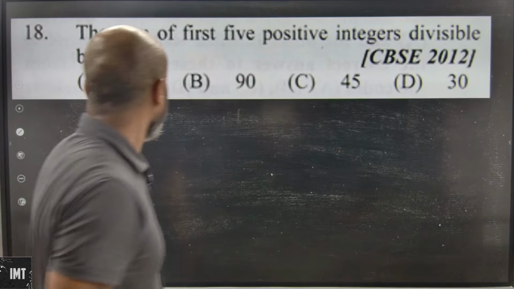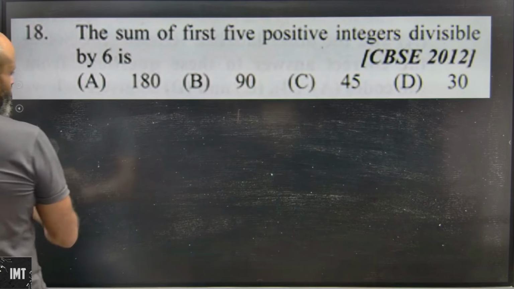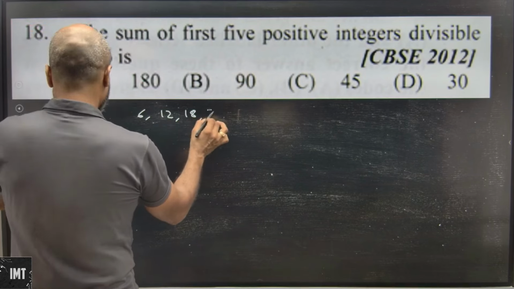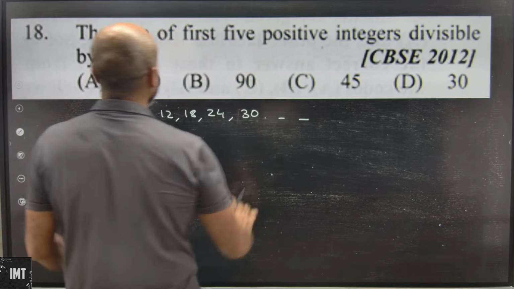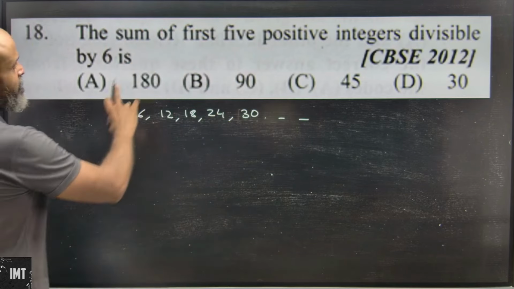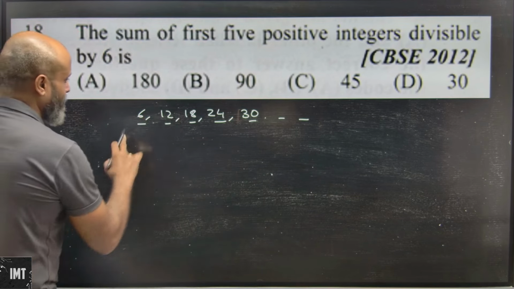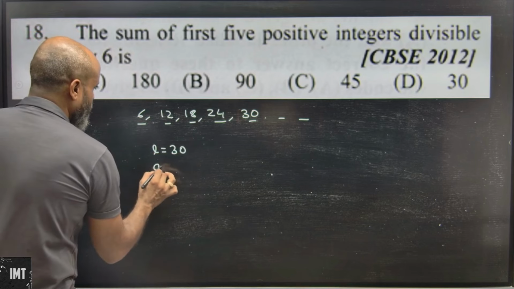Okay, let's move on. The sum of the first 5 positive integers divisible by 6. So what is the 6 table? 6 1s are 6, 6 2s are 12, 6 3s are 18, 6 4s are 24, 6 5s are 30, and so on. These are the first 5 positive integers divisible by 6. Here the last term is known to us, that is 30. First term is 6.